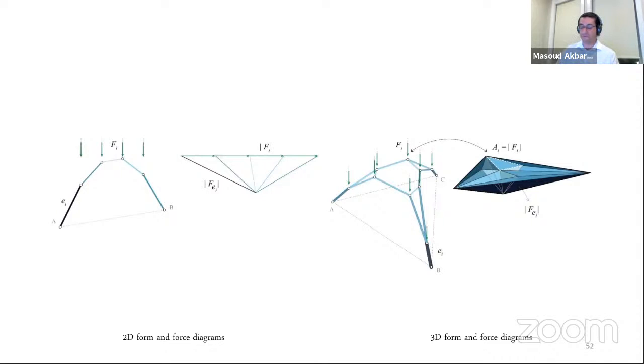Having said that, just knowing that a single polyhedron of force can represent the equilibrium of a single node might be sufficient for us as designers to start playing around with this idea, right?